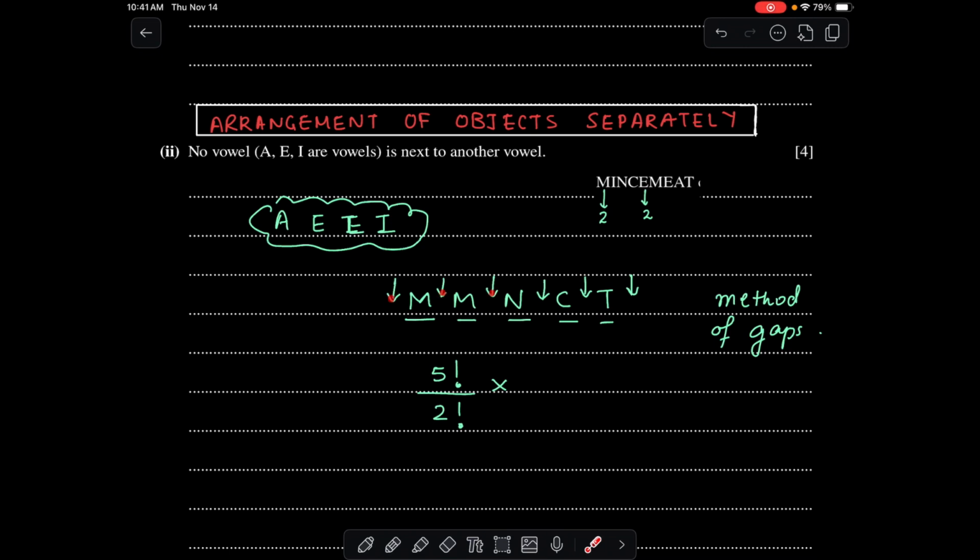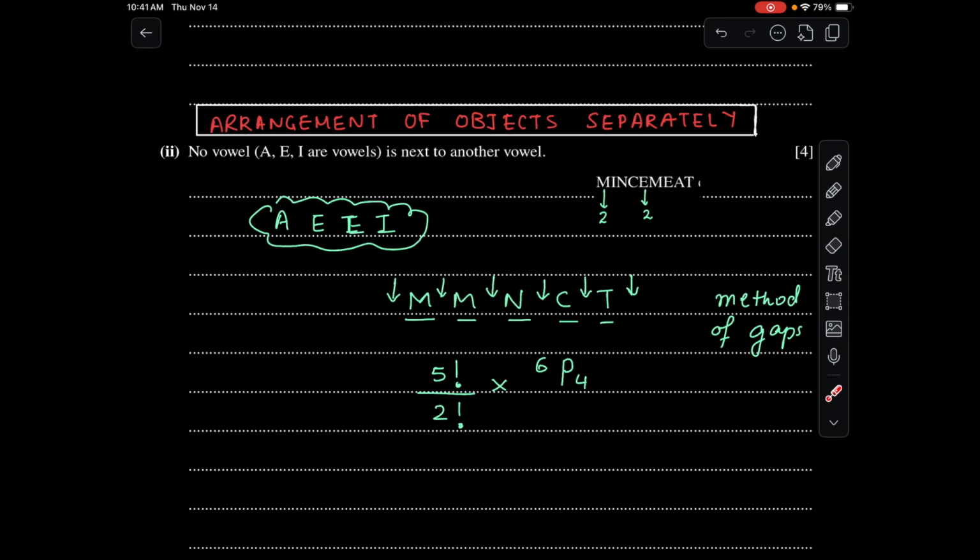Let us see how many gaps are there: 1, 2, 3, 4, 5, 6. So 6 gaps. So 6 permutation 4, because we have 4 vowels that we need to arrange.